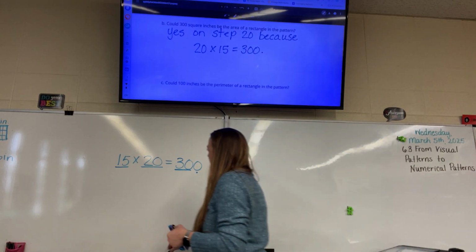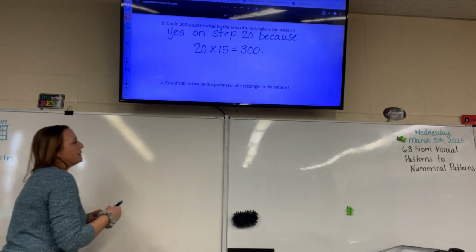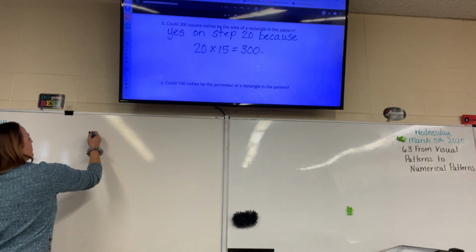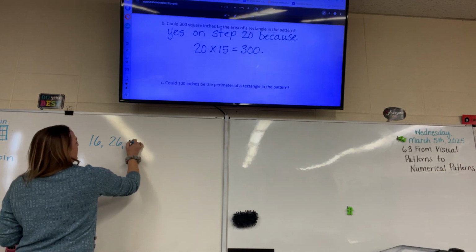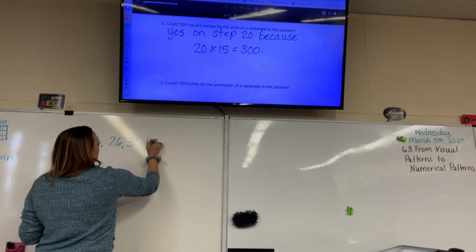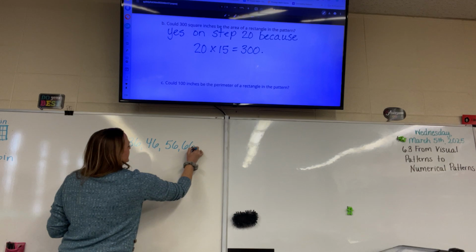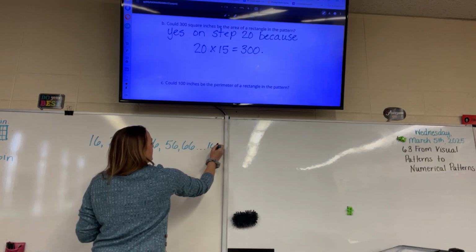And then the other question is referencing perimeter. Our perimeters were 16, 26, 36, 46, 56, 66. Would we eventually say 100?